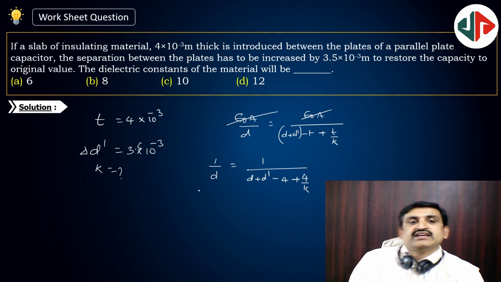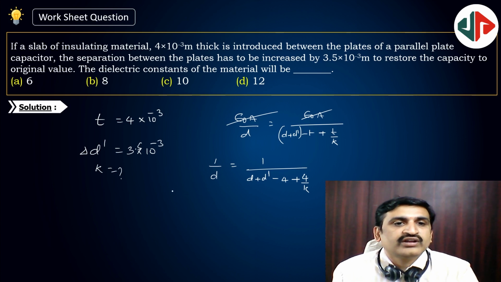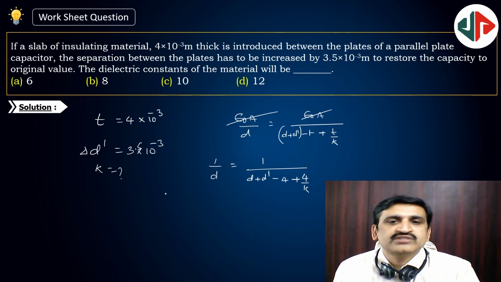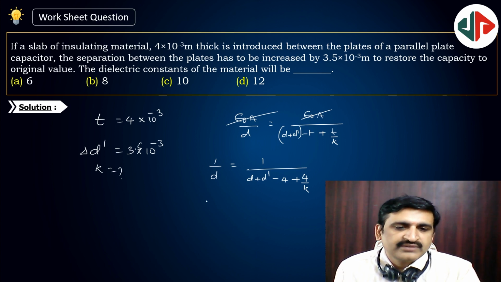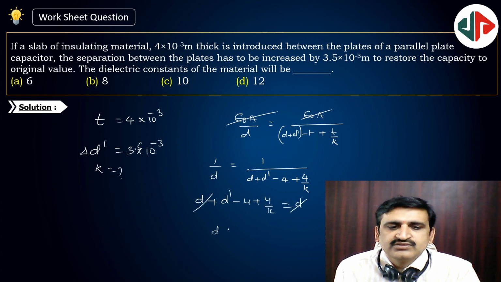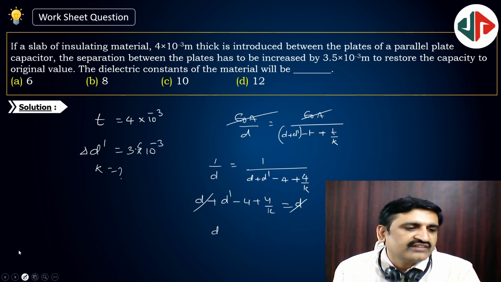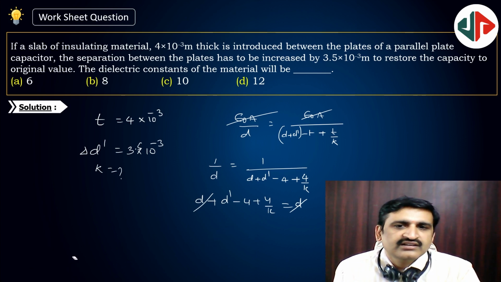Initially a 4 mm thickness is introduced between the plates. Okay, fine. Cross multiplication: D plus D dash minus 4 plus 4 by K is equal to D. D gets cancelled. So D dash value is 3.5 mm, all in mm.